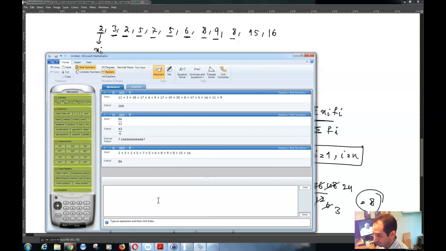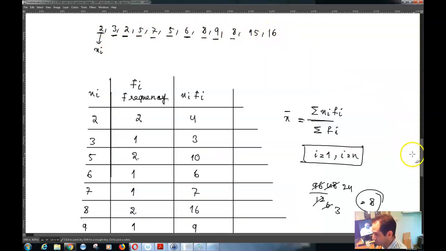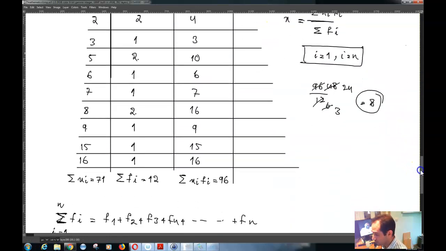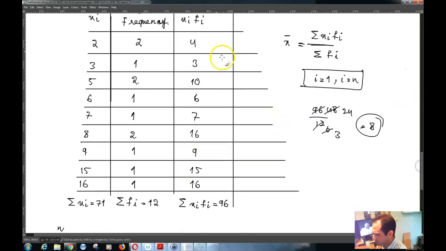And the number of those numbers is 1, 2, 3, 4, 5, 6, 7, 8, 9, 10, 11, 12. So I think we might have made a mistake over here.